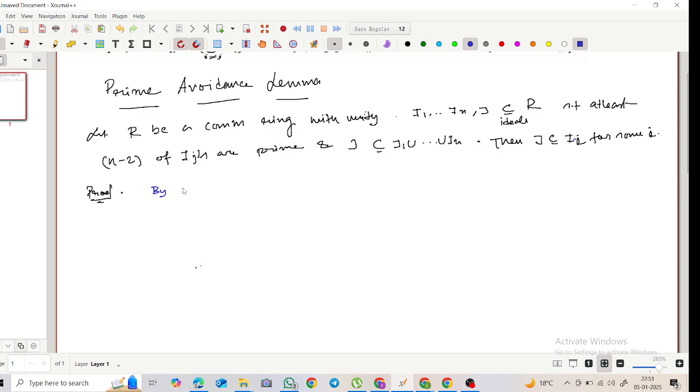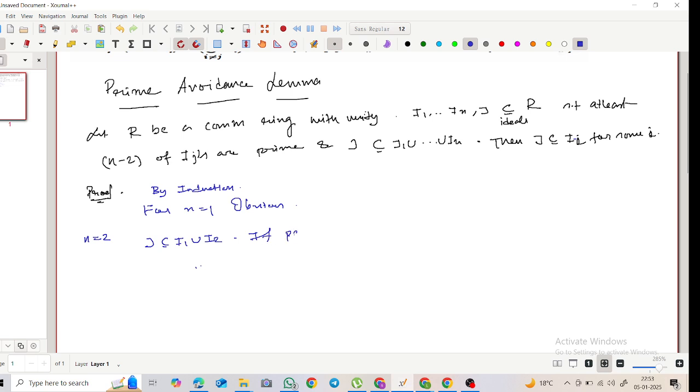By induction, of course. So for n equals 1, it is obvious. So for n equals 2, suppose J is contained in I1 union I2. Okay.